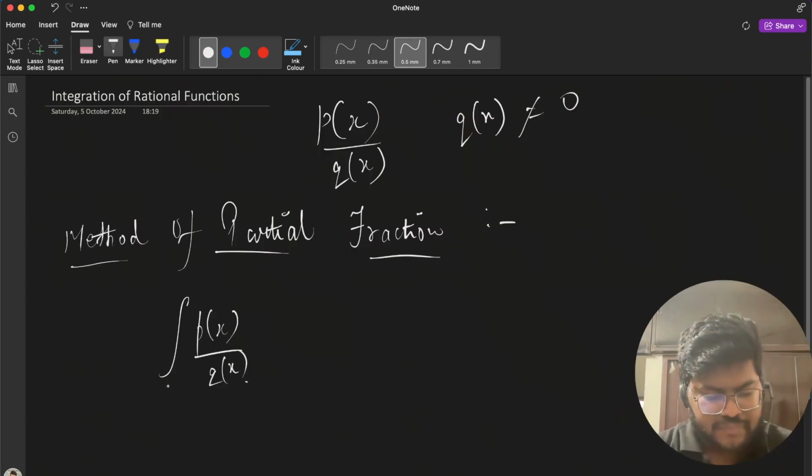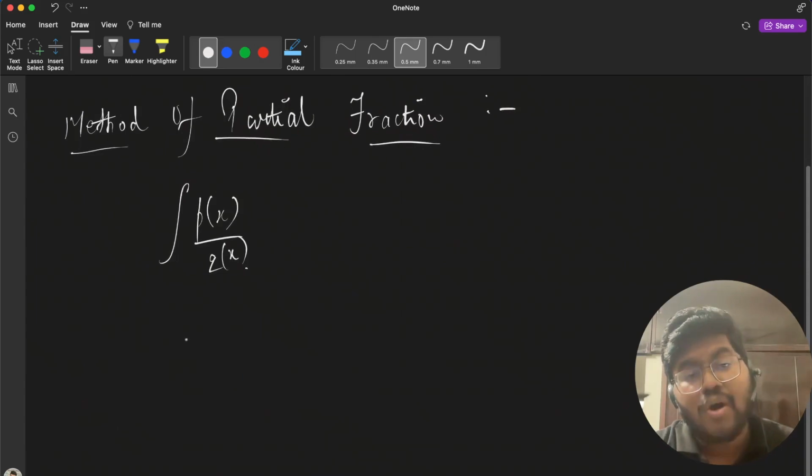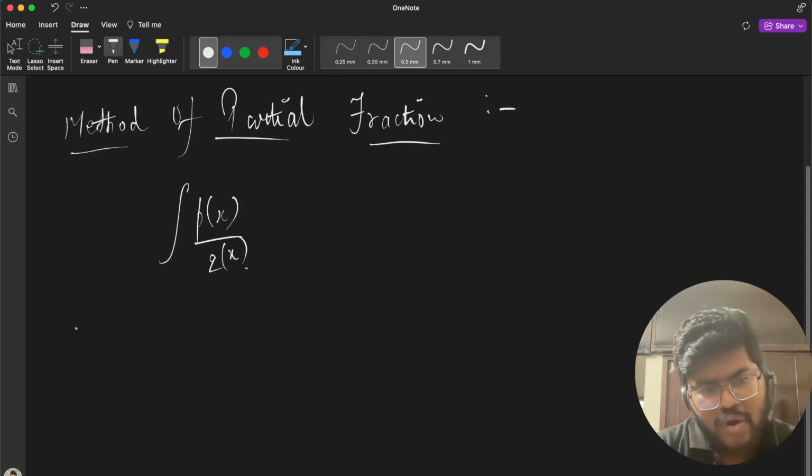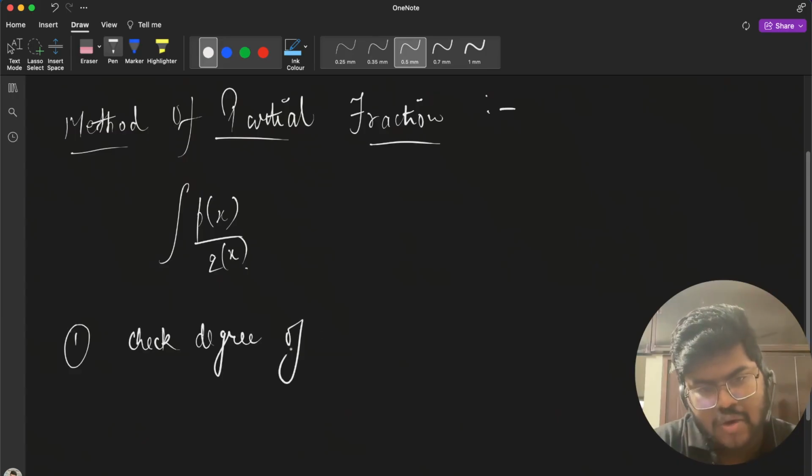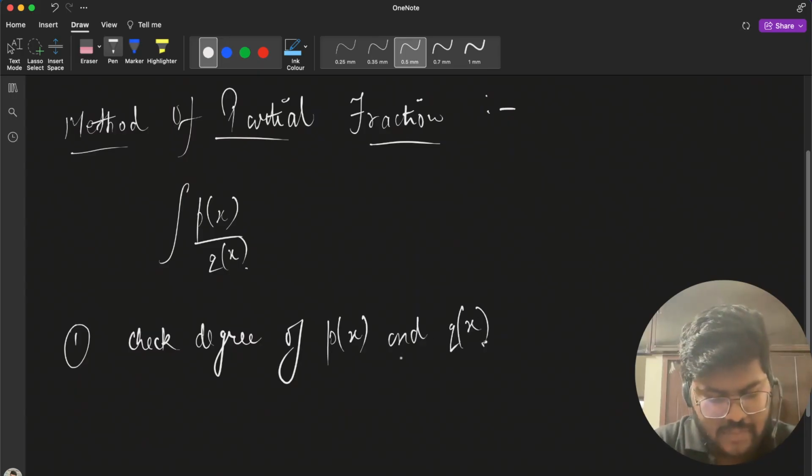First of all we need to check the degree of p(x) and q(x). So the first step is to check the degree of p(x) and q(x).